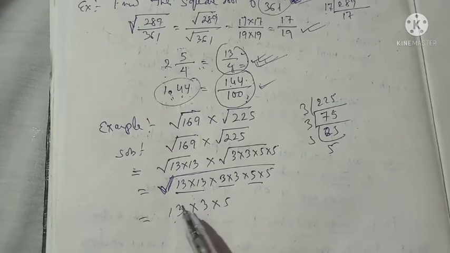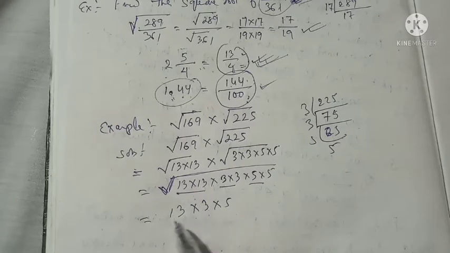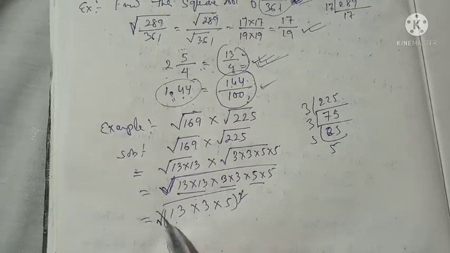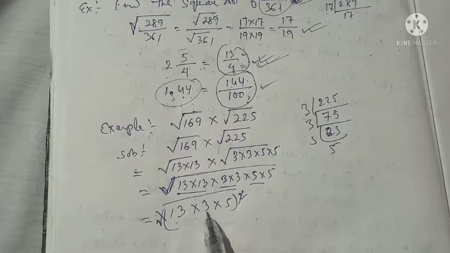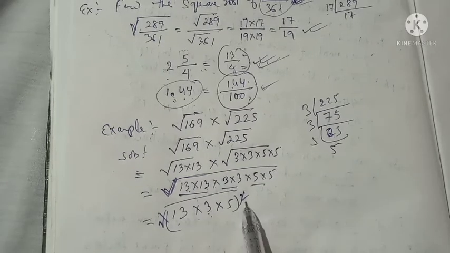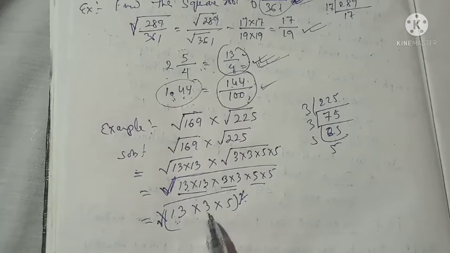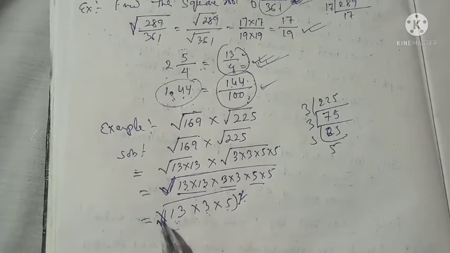Now, you can do like this also. This square root will be cut, because we are taking one from each pair, that is a square. So if you are taking only 13, 3 and 5, then even if you are not putting the square, no problem.